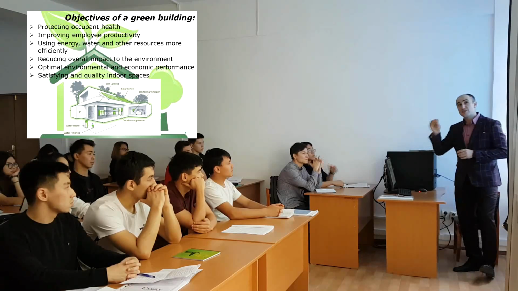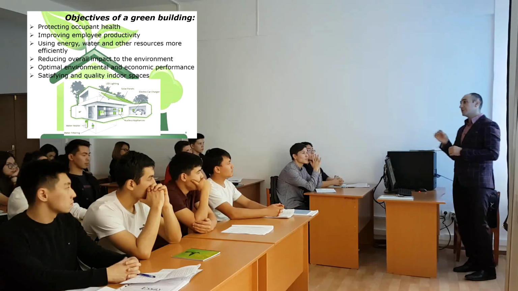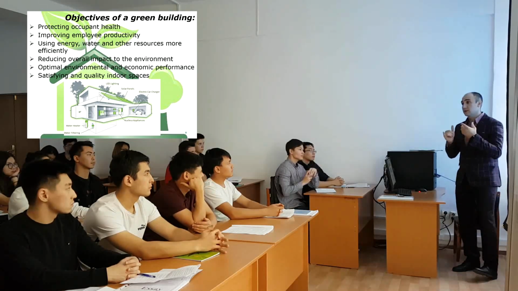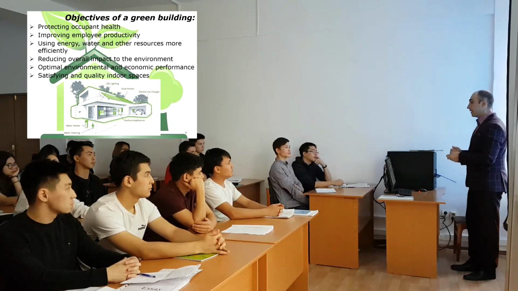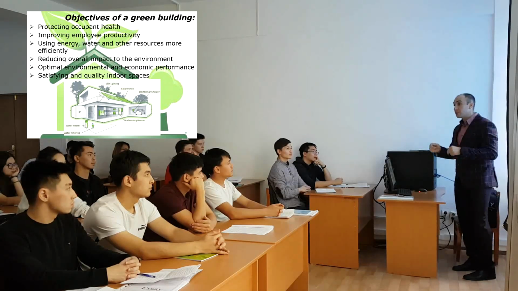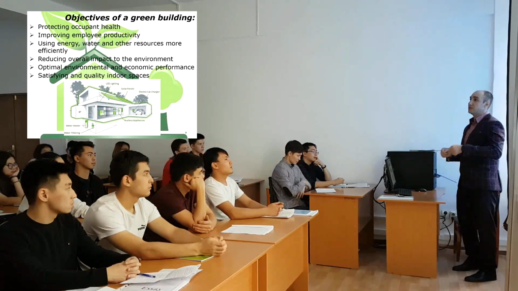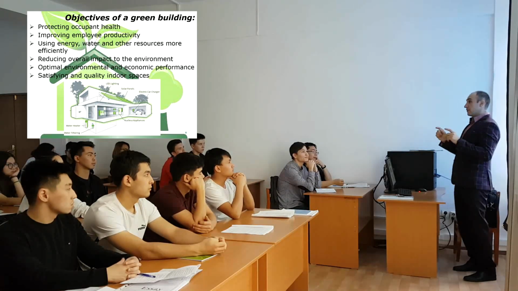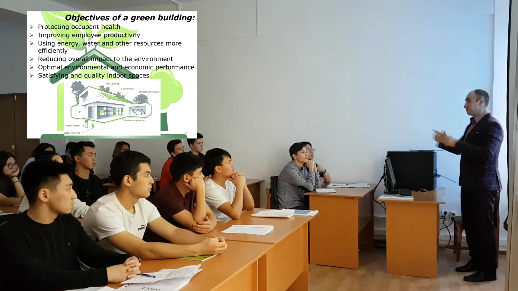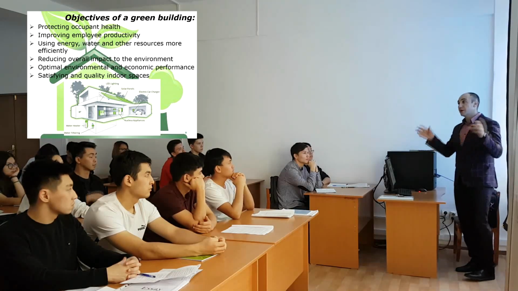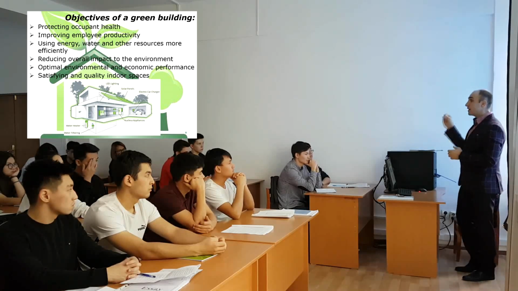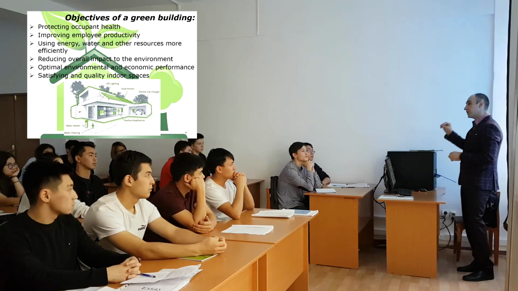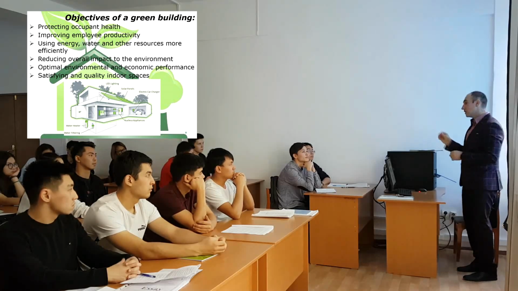And so by just rightly applying the construction methods and the right construction materials, we can make our building cleaner, not only for people who will live or work inside this building, but also for the nearby area, for the climate in the city, and then if there will be many buildings such as green buildings, it will also help our nature and the climate in the world to be cleaner.